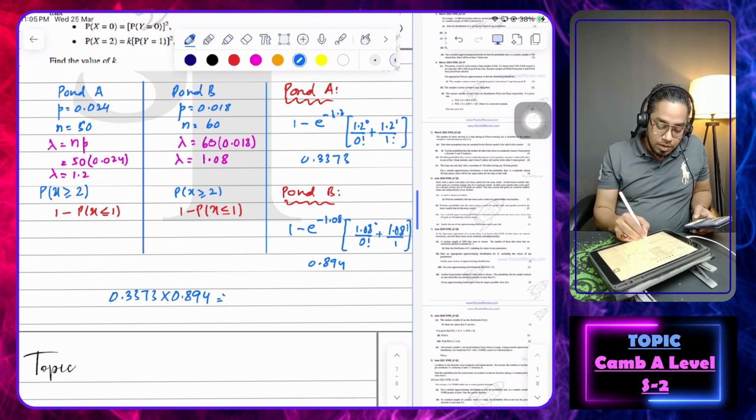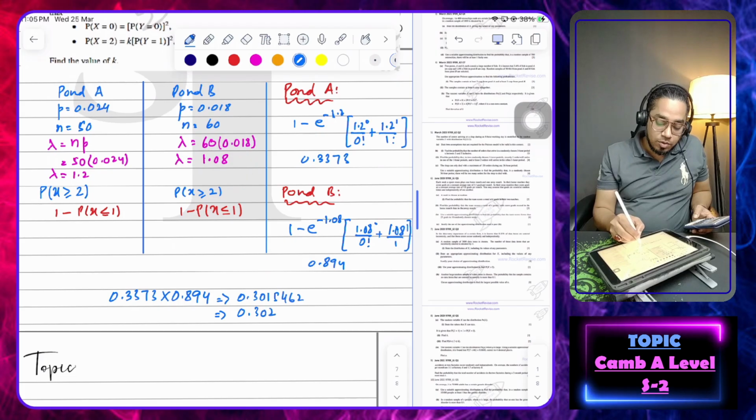It is exactly 0.3015462 as the complete answer, and I can just round it to 0.302.